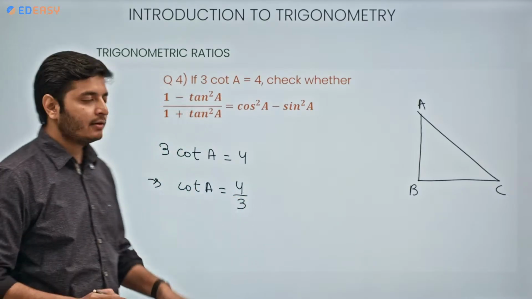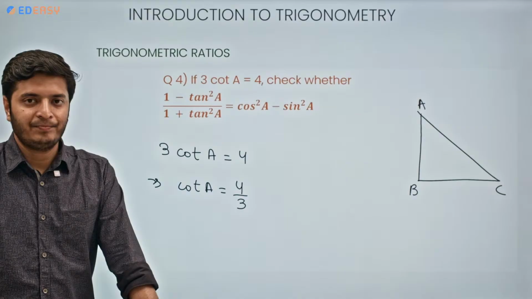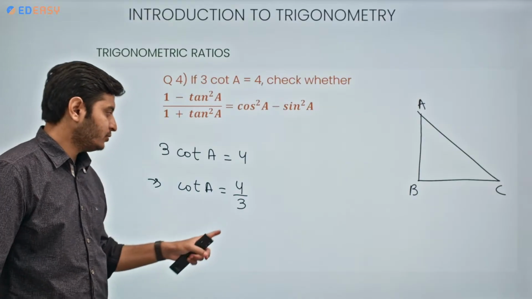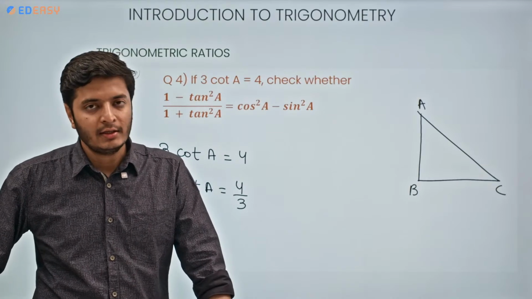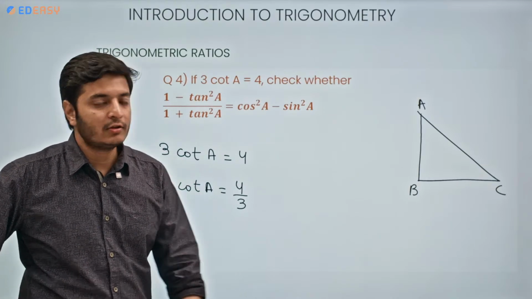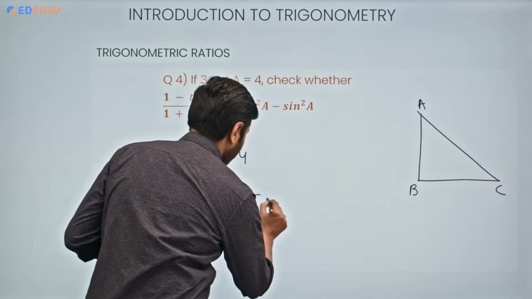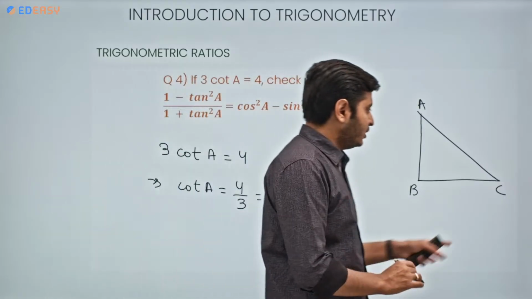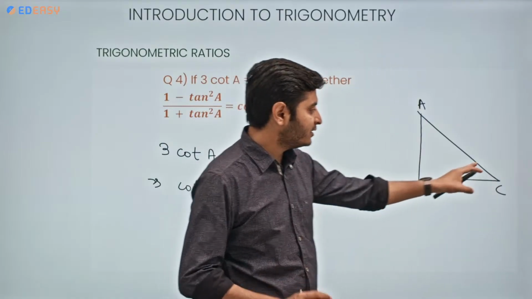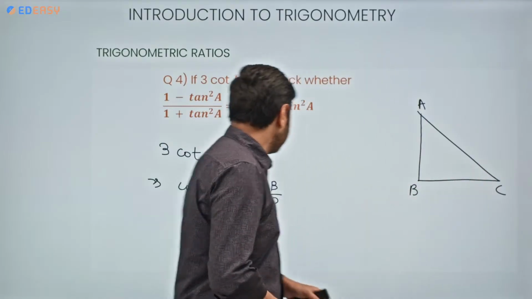Now does it look like a trigonometric ratio? Yes, it is looking like a trigonometric ratio. What is cot A? 1 by tan A, correct? So it means the value of cot A is base by perpendicular. Till now I have been considering this angle to be theta, no?